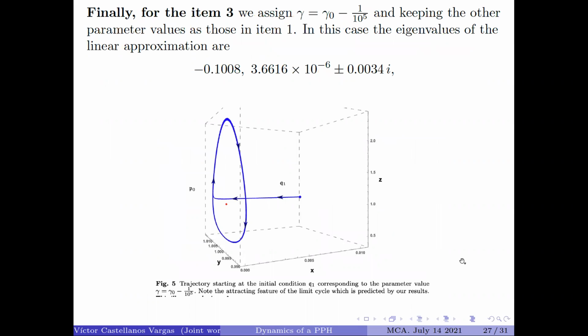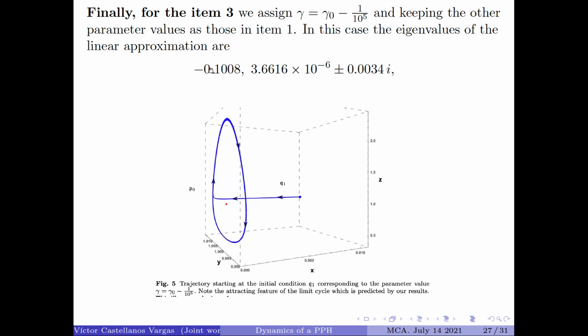Okay, finally, for item 3, we assign gamma equal to gamma 0 minus 1 over 10 to 5, keeping the other parameter values as those in item 1. In this case, the eigenvalues of the linear approximation are these.